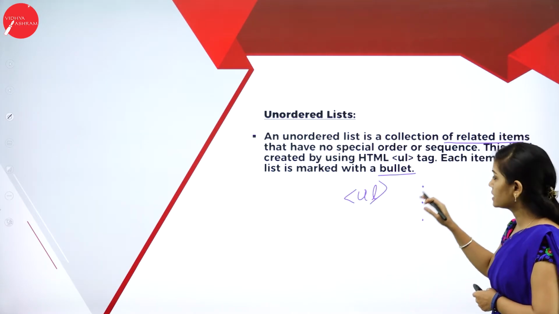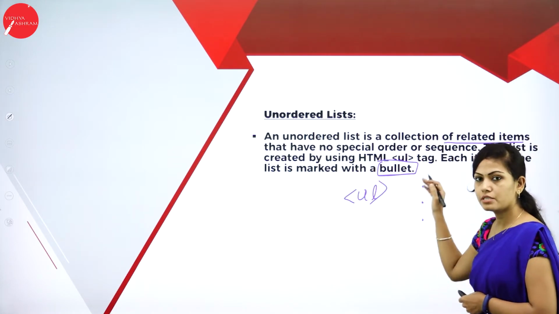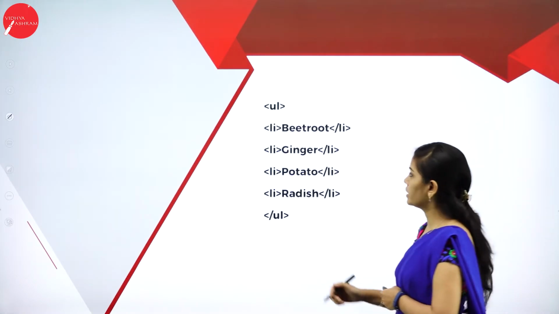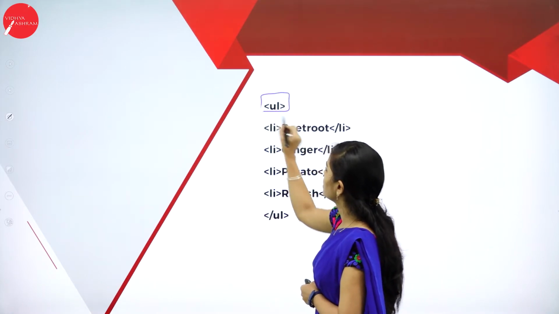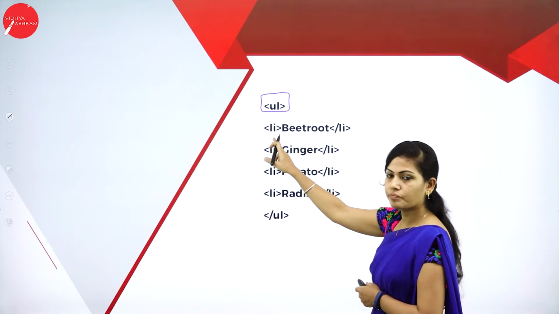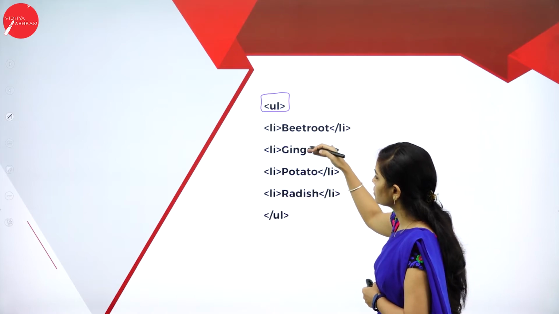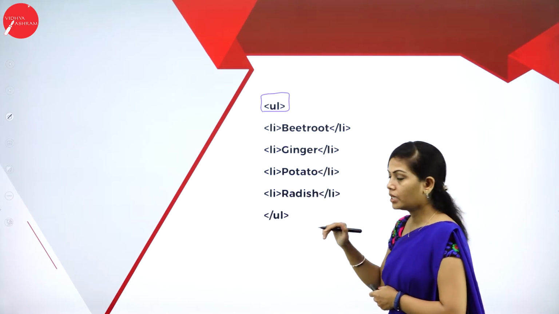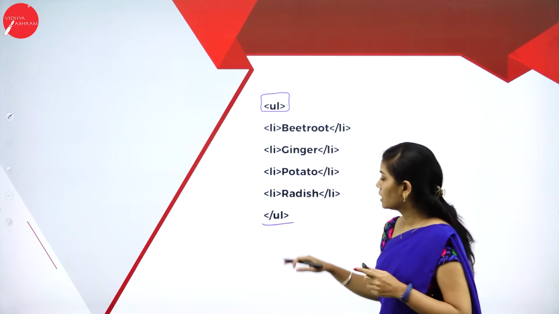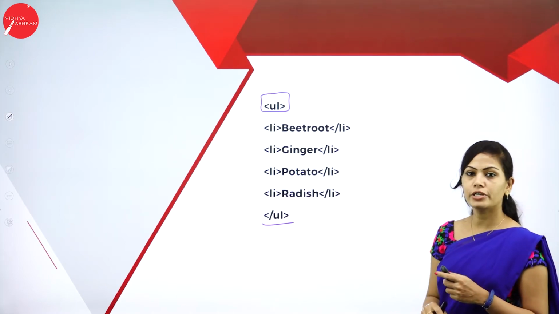Here I have opened the UL tag, and inside the list you can write any item names. Here I have written beetroot, ginger, potato and radish, and closed the list tag, and after that you need to close the unordered list tag, UL tag. This is one example for unordered list.